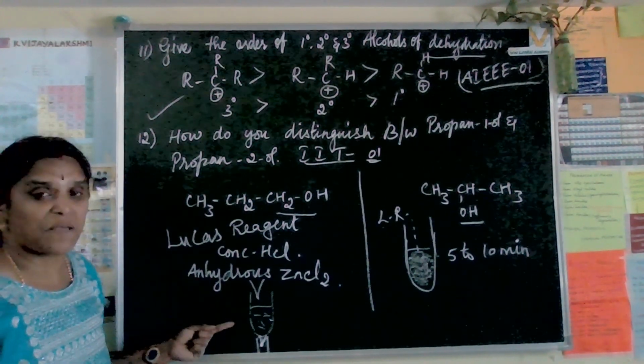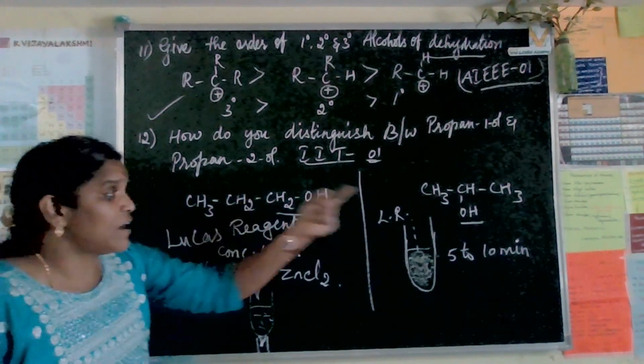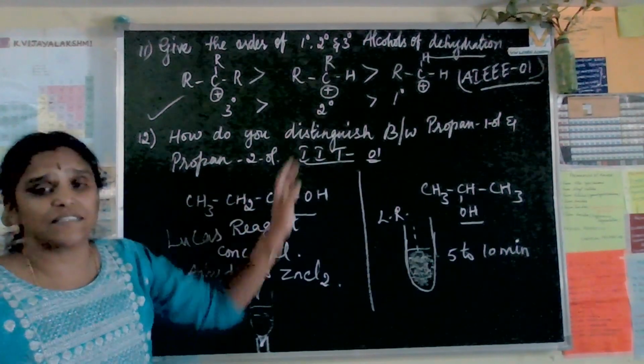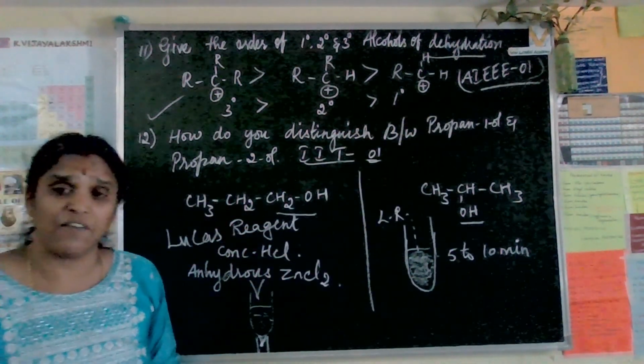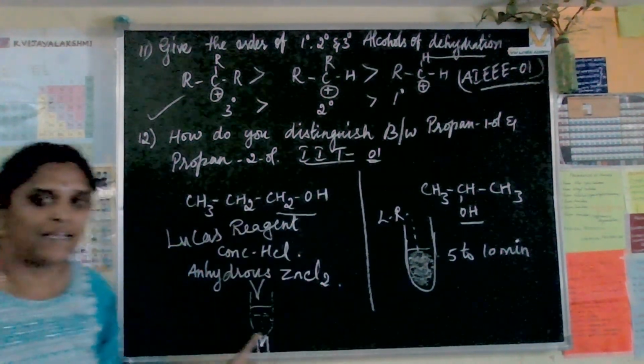This is primary, that is secondary: propan-1-ol, propan-2-ol. Hope you remember this important question. Please note down every question we have gone through. Those questions are very important. Hope you understand clearly.